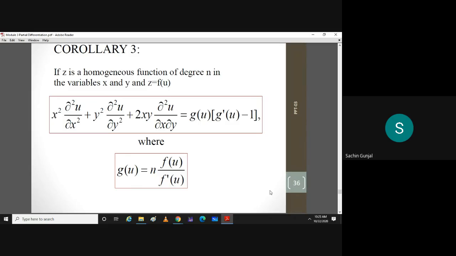Now, what is to be included in the presentation? First thing is biography. Biography of that mathematician, including image, including his or her photo. Okay. First point is clear?